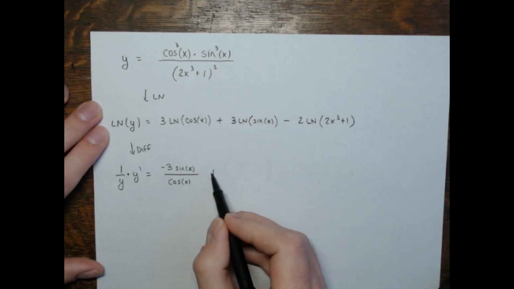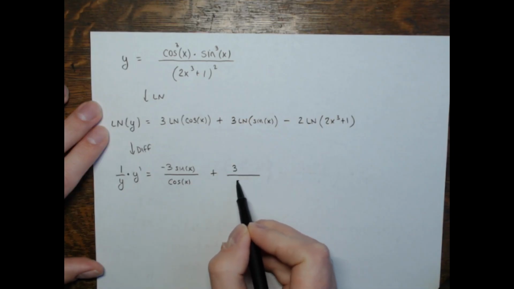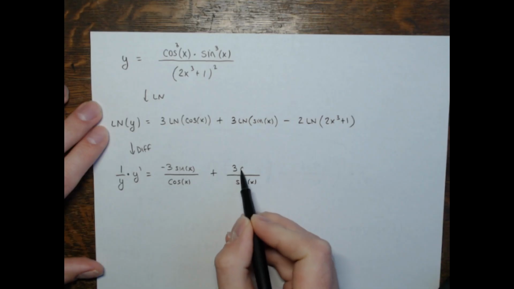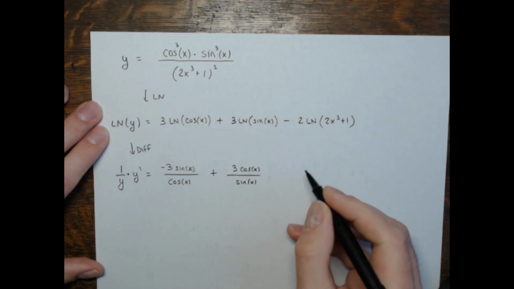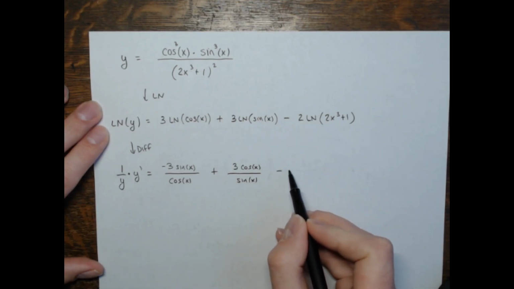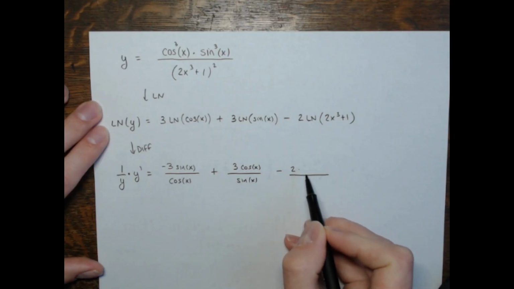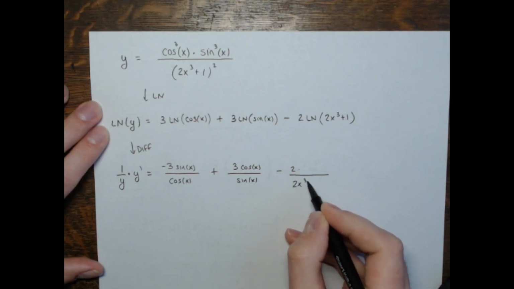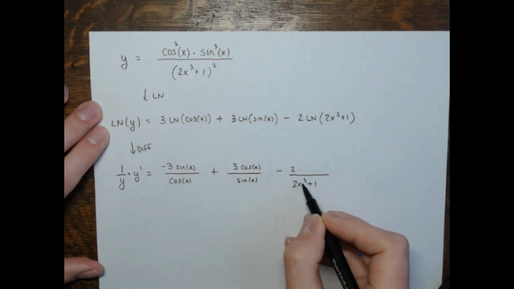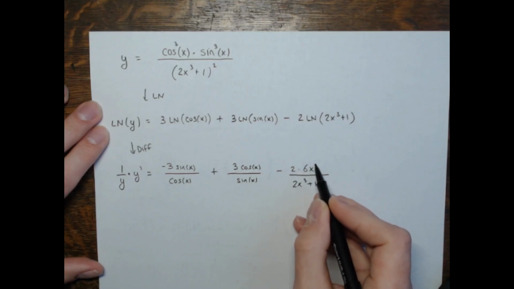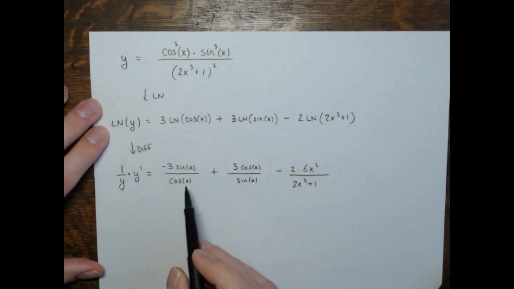And then plus 3 over sine times cosine, so this will be 3 cotangent x. And then you got minus 2 over 2x cubed plus 1, times 6x squared, the derivative of the thing inside. So this is 12x squared here.